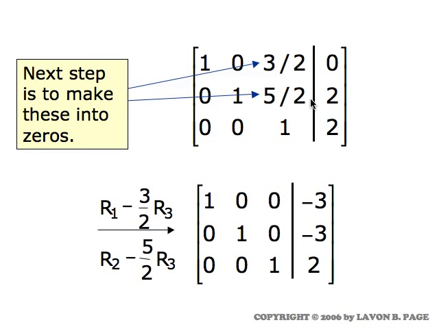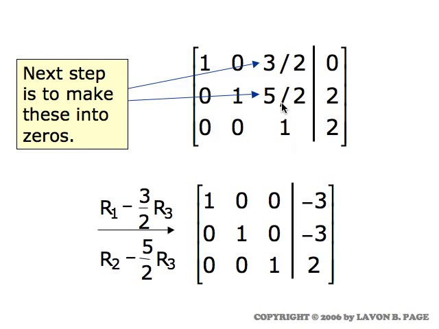We'll turn this guy into 0 by doing row 1 minus 3 halves times row 3. 1 minus 3 halves times 0 is 1. 0 minus 3 halves times 0 is 0. 3 halves minus 3 halves times 1, 3 halves minus 3 halves is 0. 0 minus 3 halves times 2 is 0 minus 3, which is minus 3.